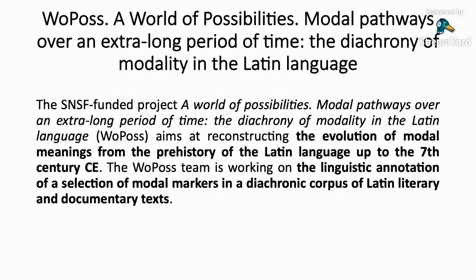So Corpus is a project about the diachrony of modality in the history of the Latin language, ideally from the prehistory of the language up to the 7th century CE. And the main focus of the team is the linguistic annotation of modal passages in a diachronic corpus of literary and documentary texts.